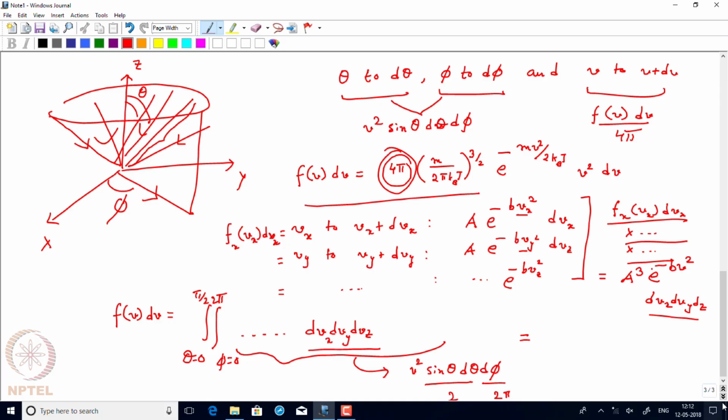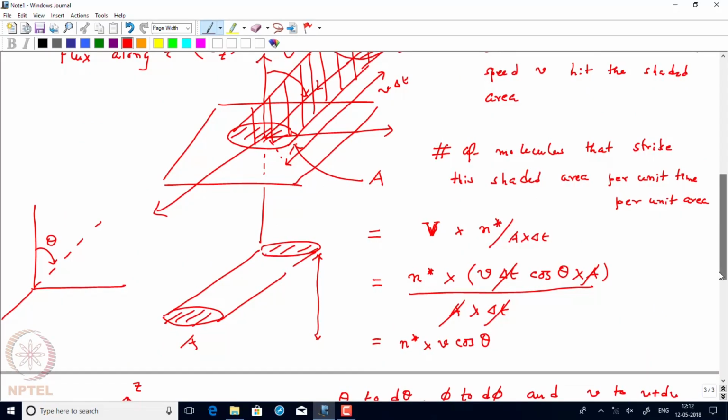So, long story short, we have already seen an expression for the flux along z, and what we are going to do is take this flux and multiply it by the spherical polar volume element.